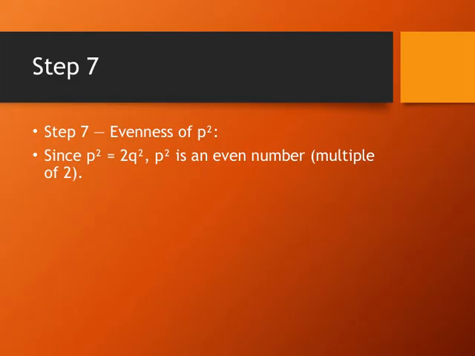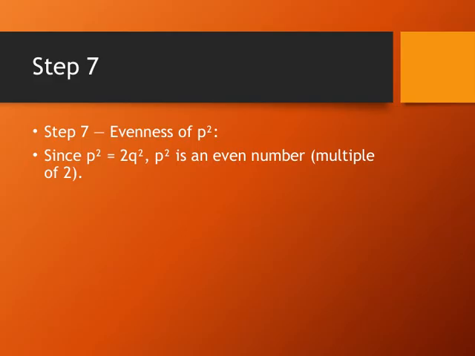All right, let's move on to step 7, which is about the evenness of p². Now, from our previous steps, we know that p² equals 2 times q². Since there's a 2 multiplied by q², it means that p² must be an even number. And why is that? Because any number that's a multiple of 2 is, of course, even. So the key point here is that p² being equal to 2q² directly tells us that p² is even.